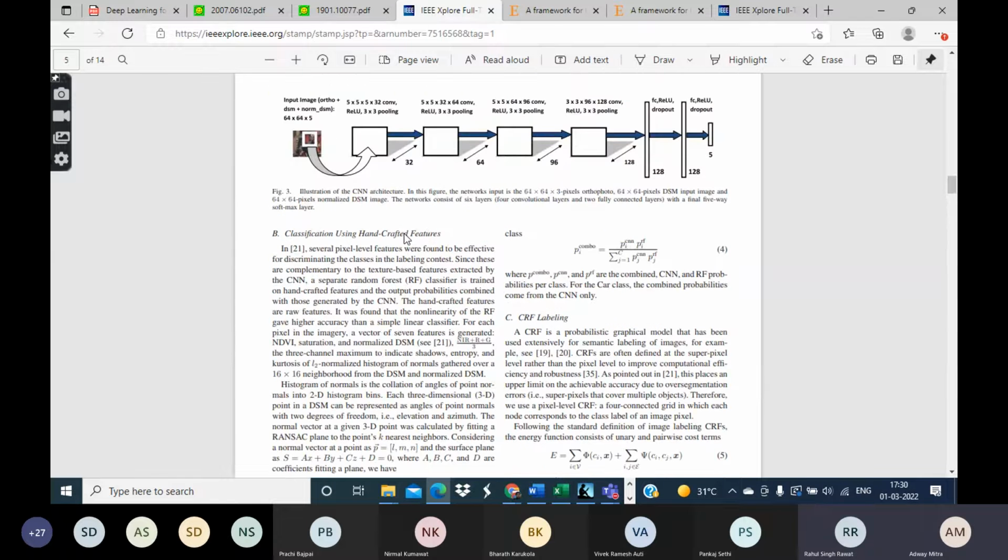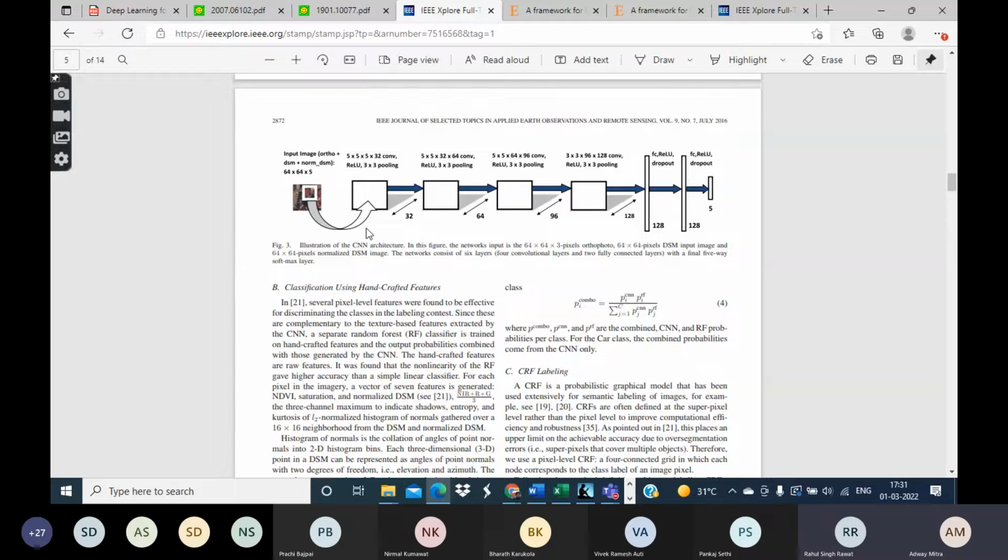Okay, this is what one particular CNN architecture may look like. In this case, the network input is 64 cross 64 cross 3. As I said, there are 16 by 16, 32 cross 32, and 64 by 64. This one is shown for the case of 64 by 64, which are normalized DSM images.